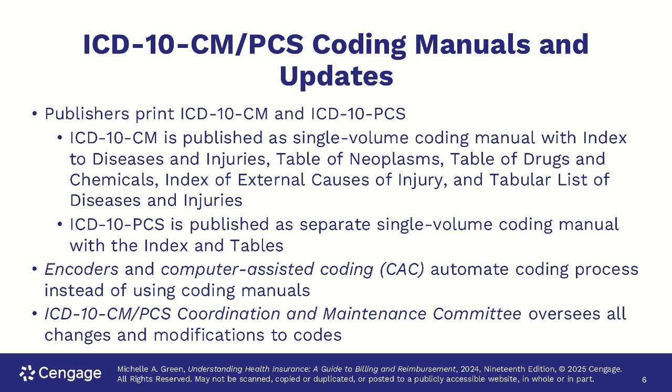Now, for purposes of the AHIMA exams, you do need to understand what computer assisted coding is. Basically, the software uses what is known as natural language processing to read medical records and generate the codes.